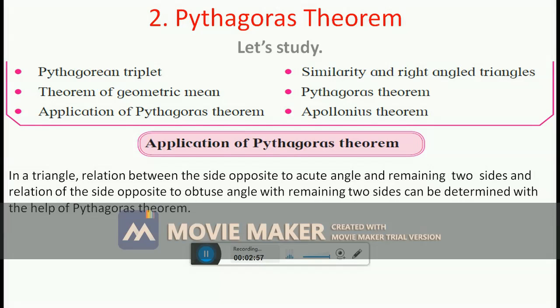And the relations of the sides opposite to obtuse angles: what do you mean by an obtuse angle? The angle which is greater than 90 degrees is known as an obtuse angle. The remaining two sides can be determined with the help of Pythagoras theorem. It is known as an application of Pythagoras theorem.